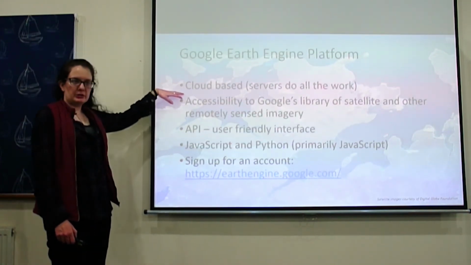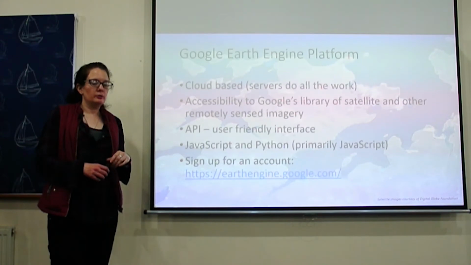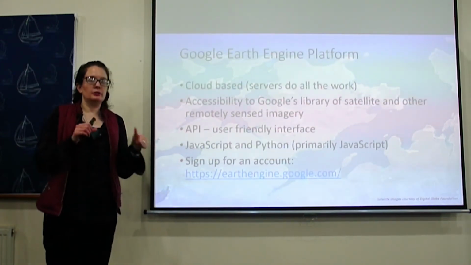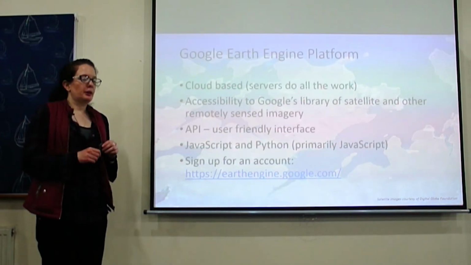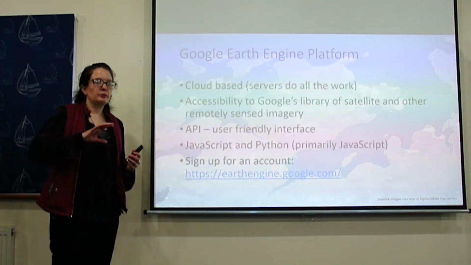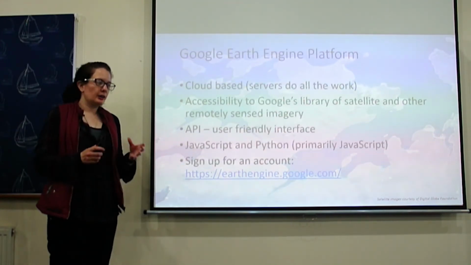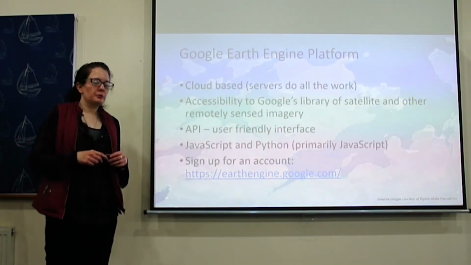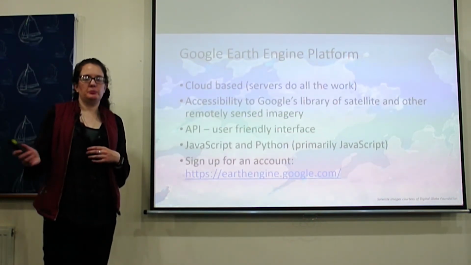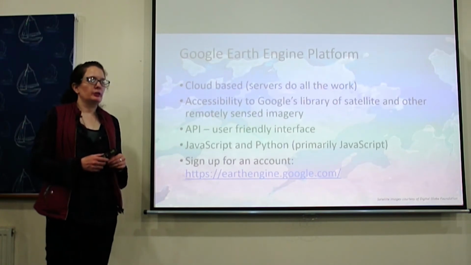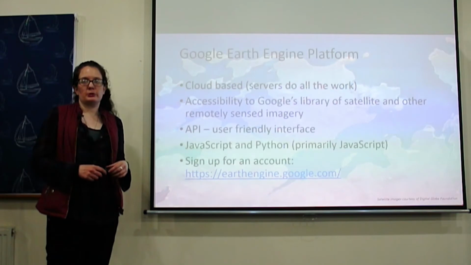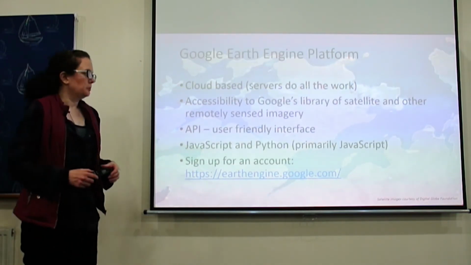It is cloud-based, so basically you're busy writing away your code in the user interface, but when it goes to actually do the work, you're using your code to access various servers from who knows where to do the actual grunt work of processing your imagery and creating your map.